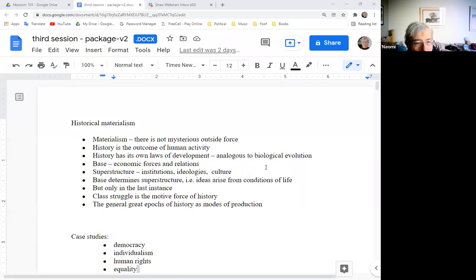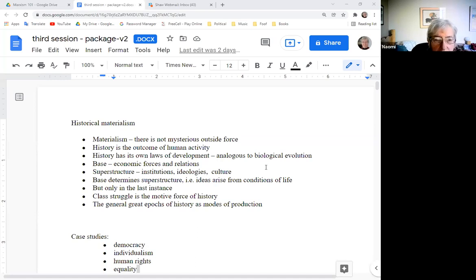When we talk about base in the context of human societies, what we mean is the economic forces and relations of society, which consists of the actual material resources that a society has, the technology that it has, the techniques and the machinery that have been so far discovered and put to use, and the social relations that arise out of the use of those particular technologies. So in the crudest sense, the base is the economy. The base is the human activities that are involved in directly supporting the material existence of the members of society.